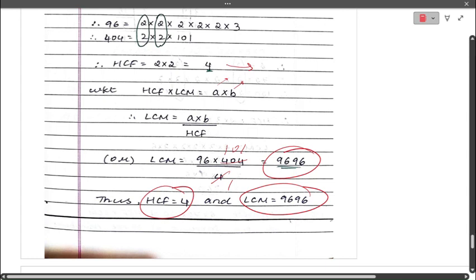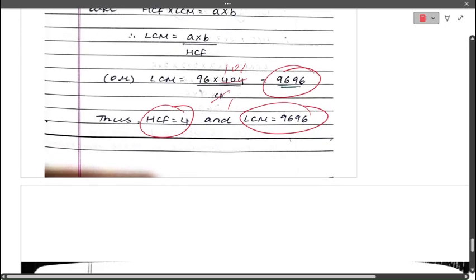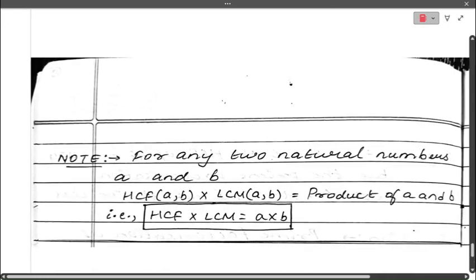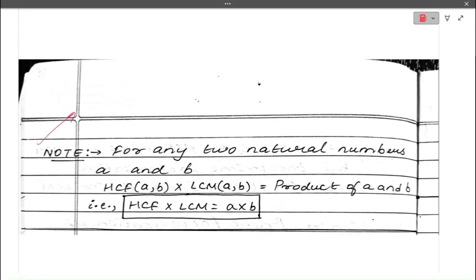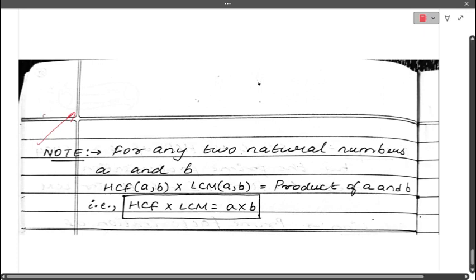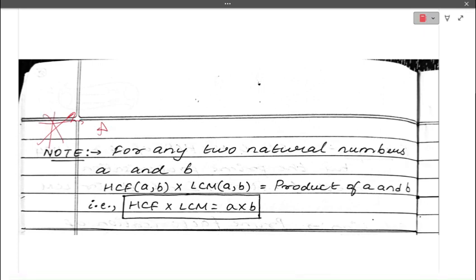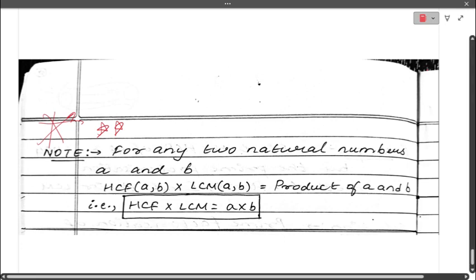Dear students, please pause the video and make note of the steps. Let's write a note point for this concept. For any two natural numbers, this is important. Put a star mark or anything, whatever you put.